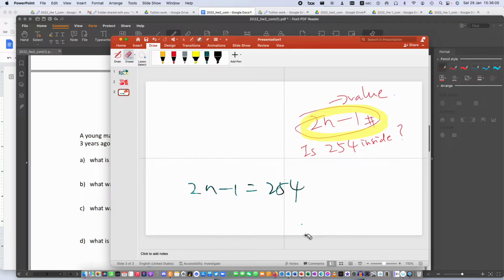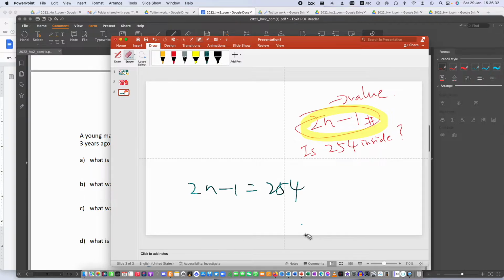You need to get rid of the minus 1 first. Before you divide by 2, you need to do something first.